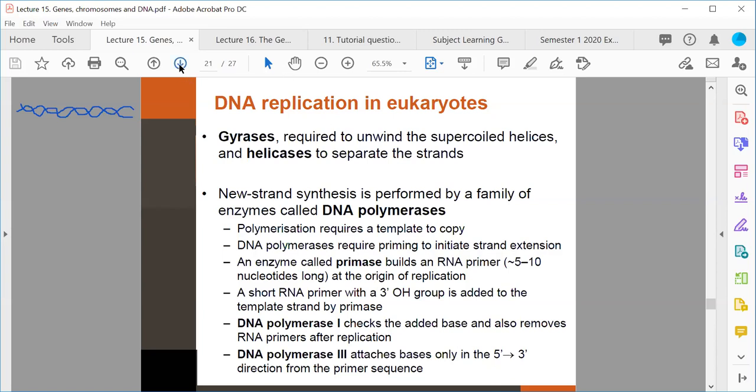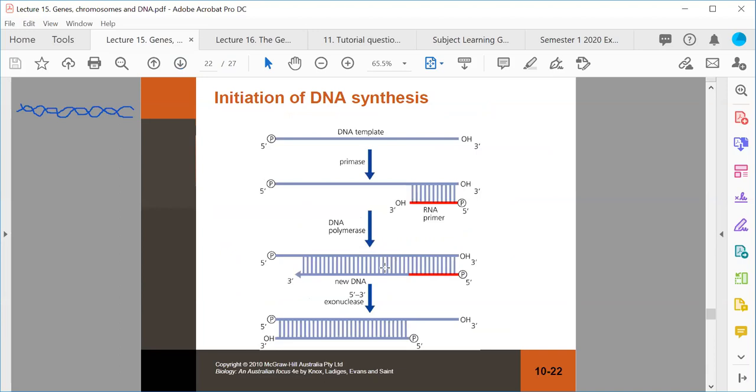So I should add also, and I'll just go back to here. So when this enzyme called DNA polymerase is moving along the original strand of DNA, and it's actually building this complementary strand here, it's incorporating nucleotides using the base pairing rules.